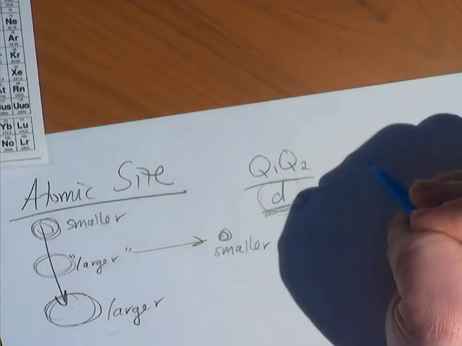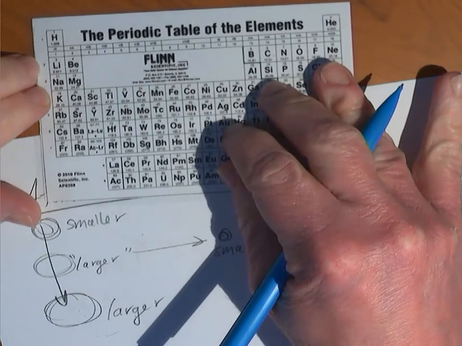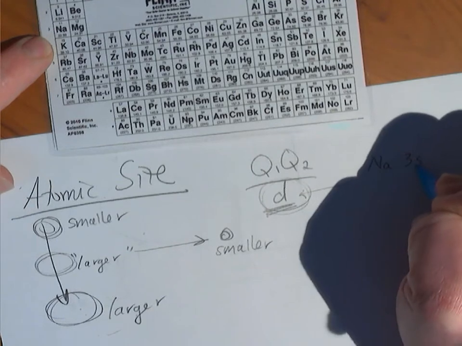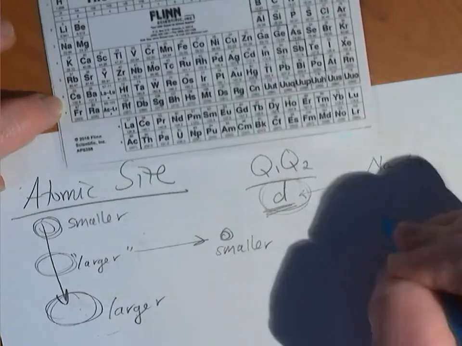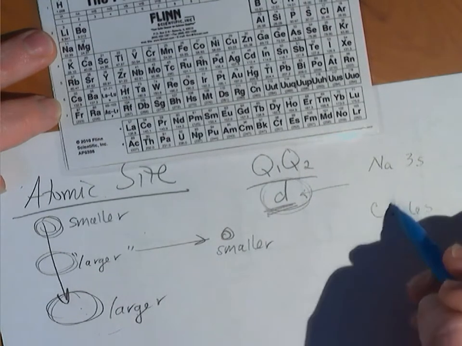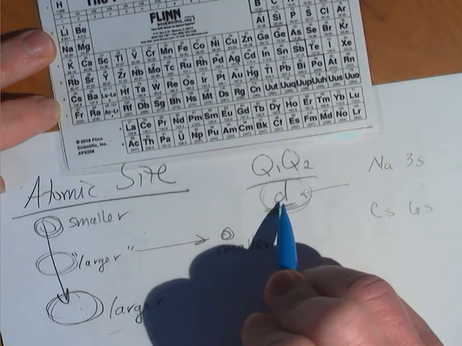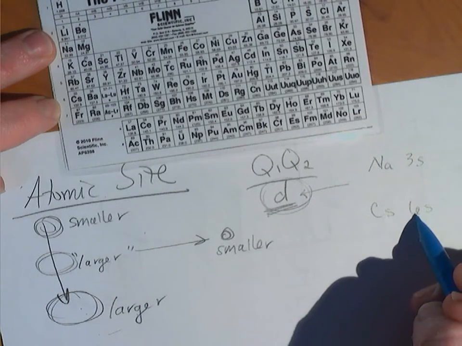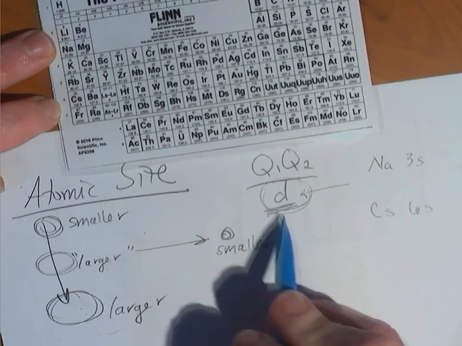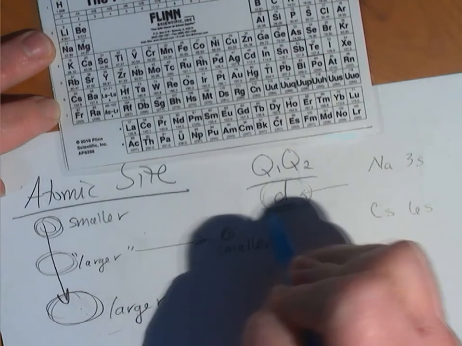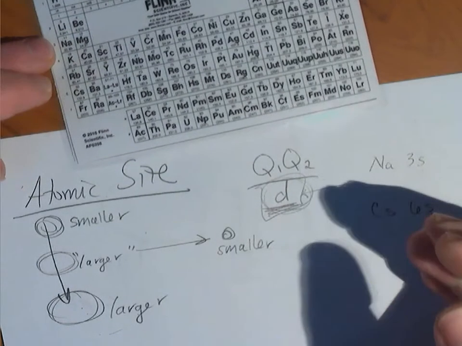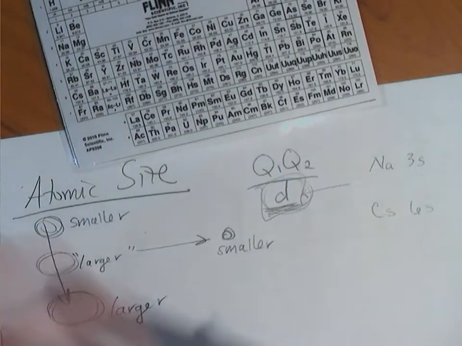So if we talk about sodium, which has its outermost electrons in the 3s versus cesium, which has its outermost electrons in the 6s, this is much larger because of the greater distance of the electrons from the nuclei. Okay, so we want to talk about number of electron levels or energy levels. You could call them shells, etc.